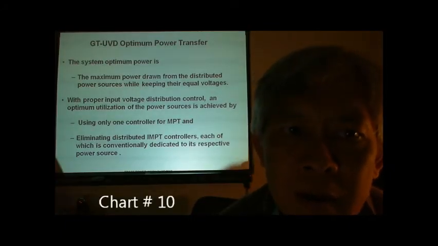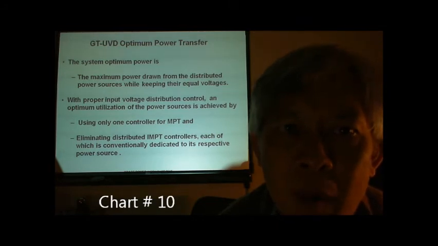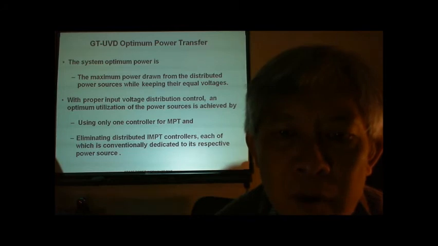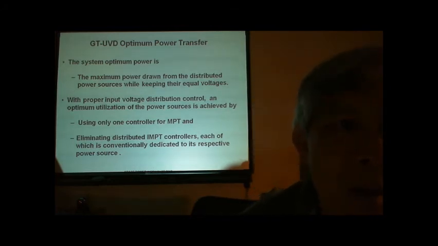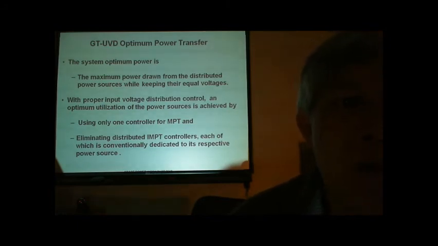Let's understand the definition of the optimum power transfer in the group tracking uniform voltage distribution. System optimum power is by definition the maximum power drawn from the distributed power sources while keeping their equal voltages.